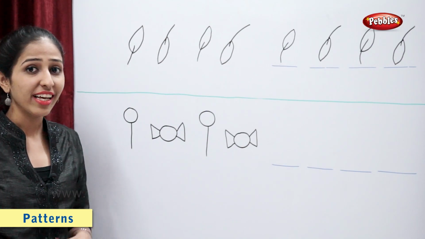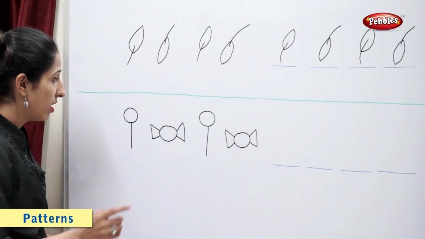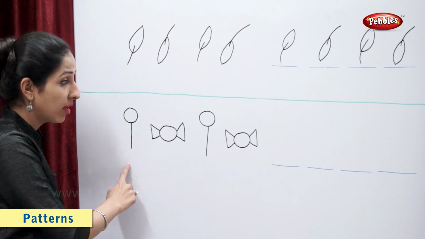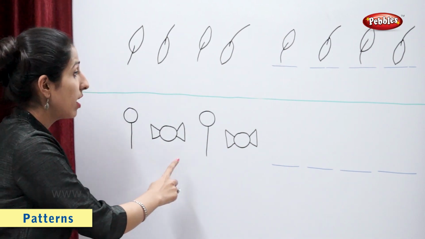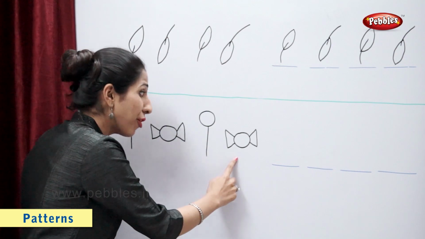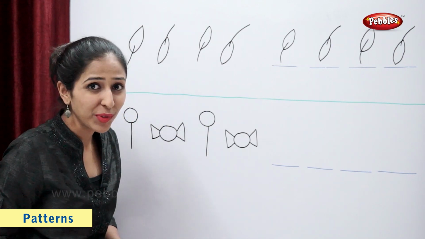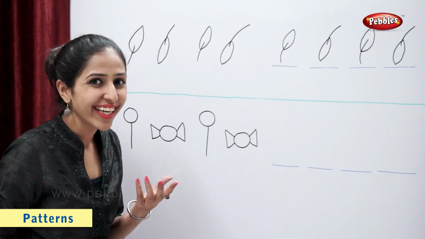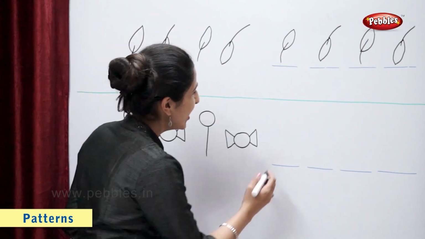Now, let's take this example. Here, we have a lollipop, a toffee. A lollipop, a toffee. So tell me, students, what is next? Correct, a lollipop.